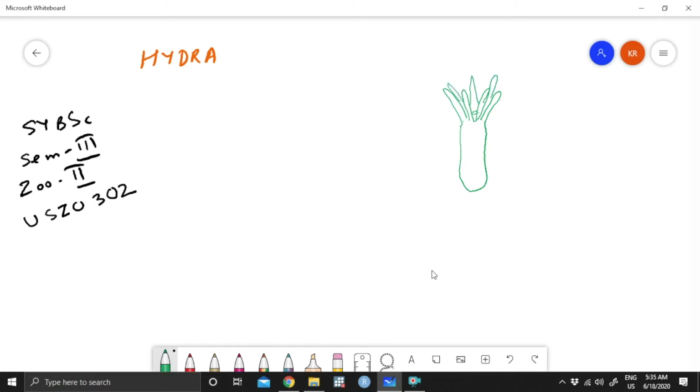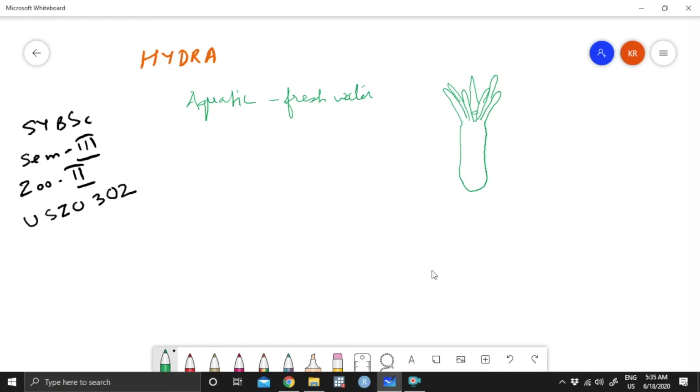And where we will find this, we will find in aquatic habitats, and always in fresh water. Freshwater aquatic habitats.